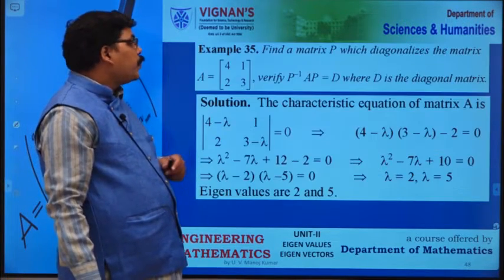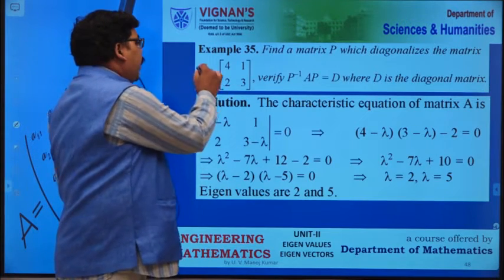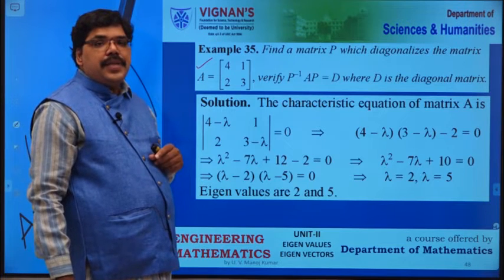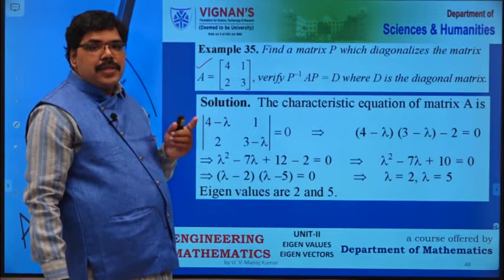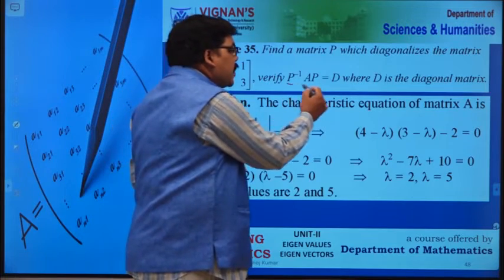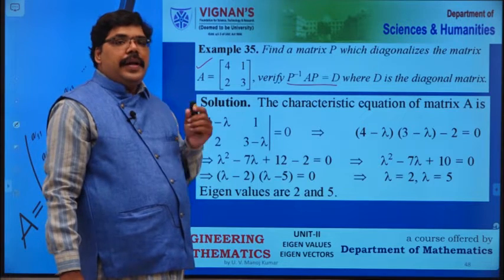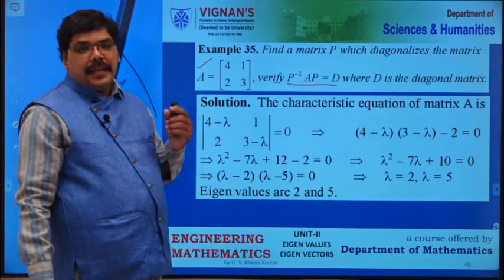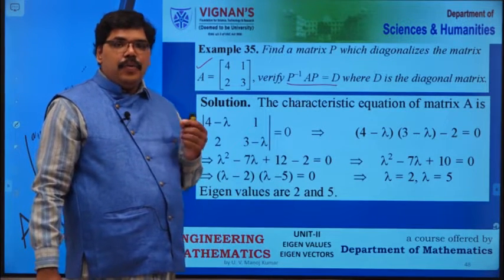Okay. So here is a problem. In this problem, you are given a matrix capital A and you are asked to reduce the matrix capital A into a diagonal matrix, and you are also asked to verify the relation P inverse AP equals D. How to find P and how to find D?